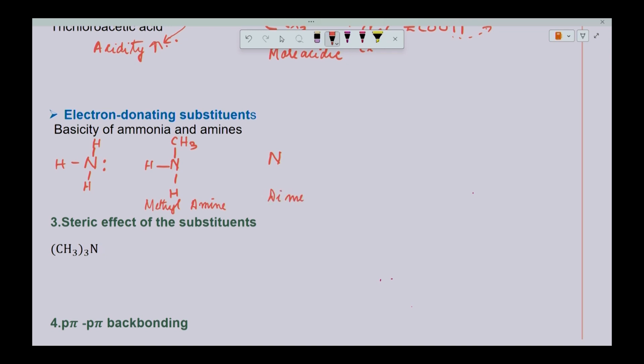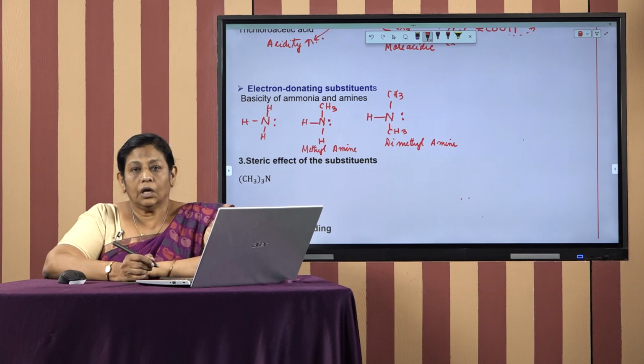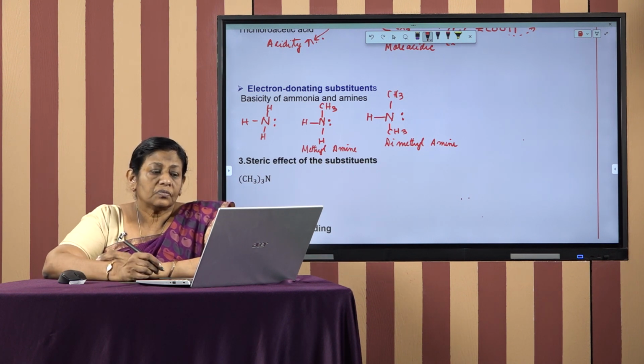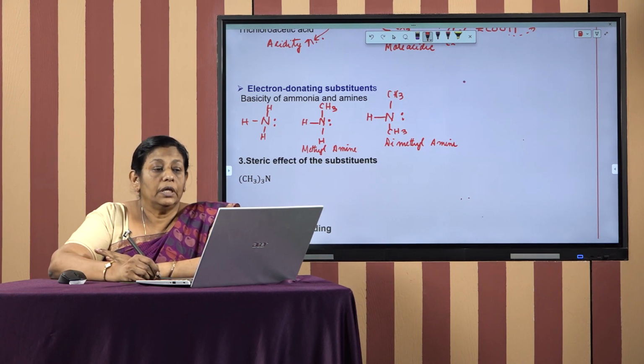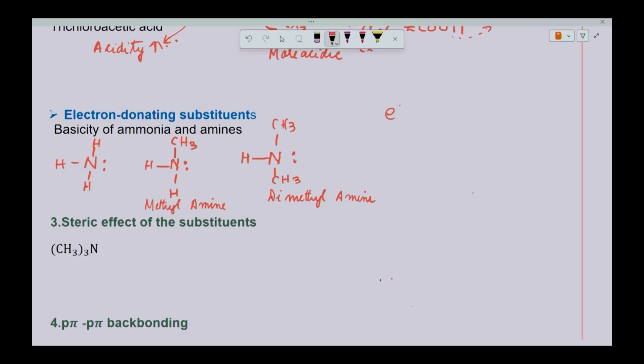This will be, I am going to write it as dimethylamine. That is 2 of the hydrogen atoms I am replacing with methyl groups, and all these have a lone pair of electrons. The methyl groups, they are electron donating groups. CH3 groups are electron donating groups.